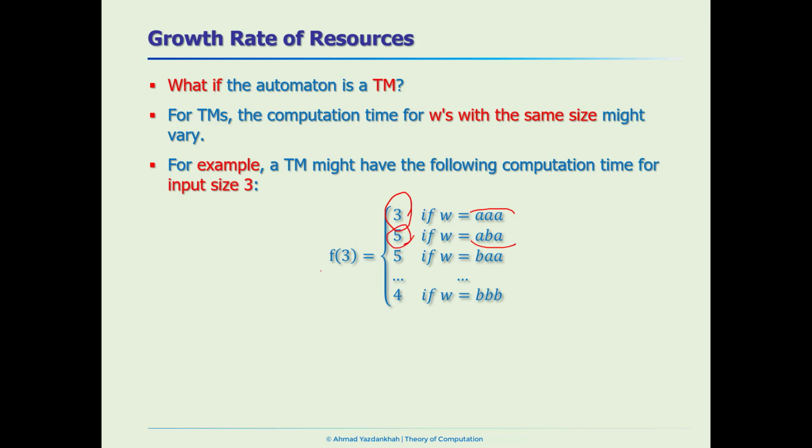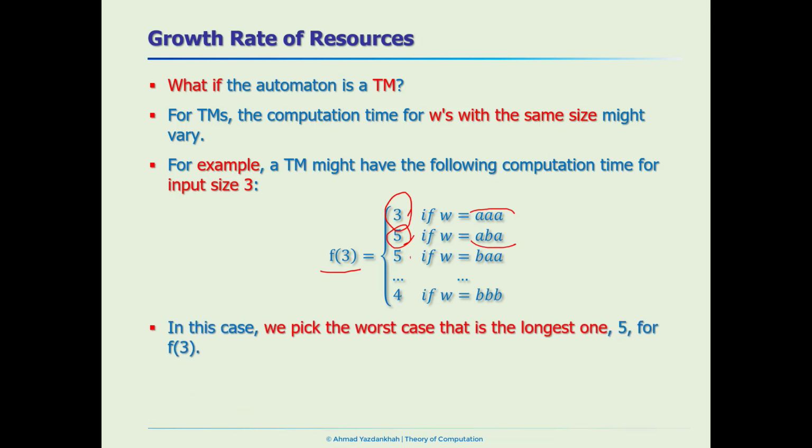So f of 3 is not a constant number for a Turing machine as it was for the DFA. So which one should we take for f of 3? Yeah, let's take the worst one, which is the biggest one. So f of 3 will be 5 for this particular example. How about f of 4? Yeah, we need to calculate that again for f of 4, for f of 5, and so forth.